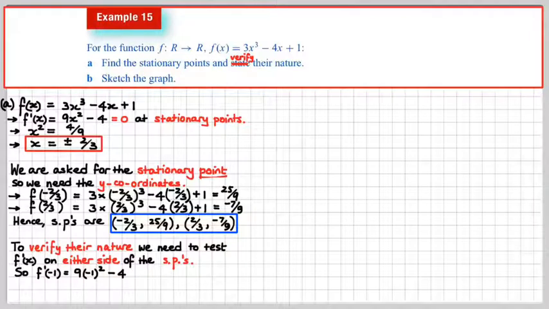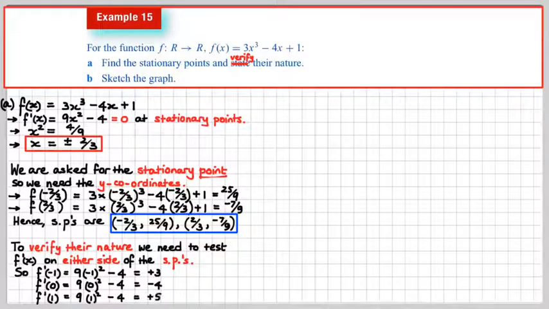So f dashed at -1 apparently is +3, and f dashed at 0 is apparently -4, and f dashed at 1 is apparently +5. Now, why did I choose those particular values? Well, I needed to choose something to the left of -2/3, and -1's a nice easy number to choose.